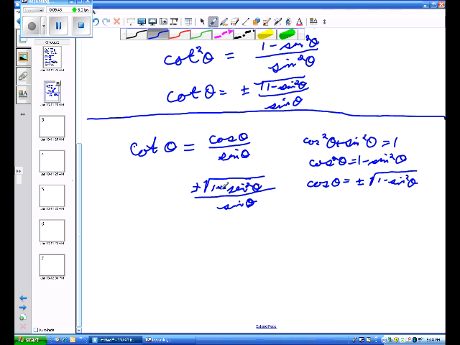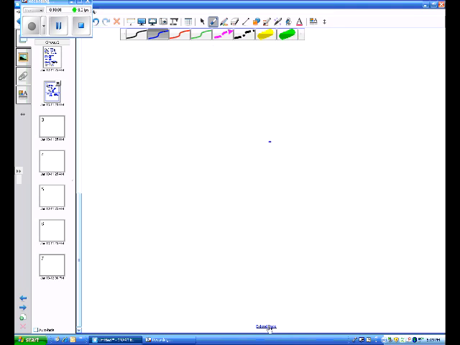That's not always our objective. Our objective is to get there. So if you saw by using a Pythagorean identity how to get there, then that's a good way. If you see how to use your ratio identity to get there, then that's a good way, because both of them got us there.